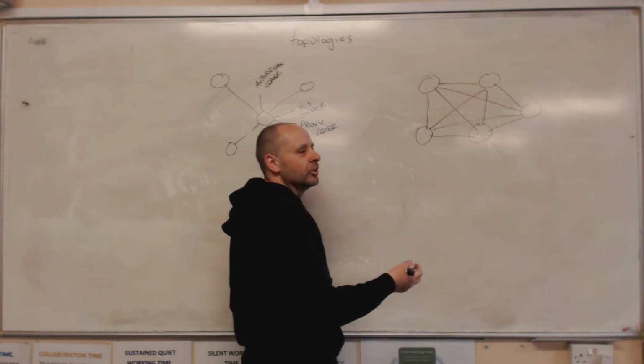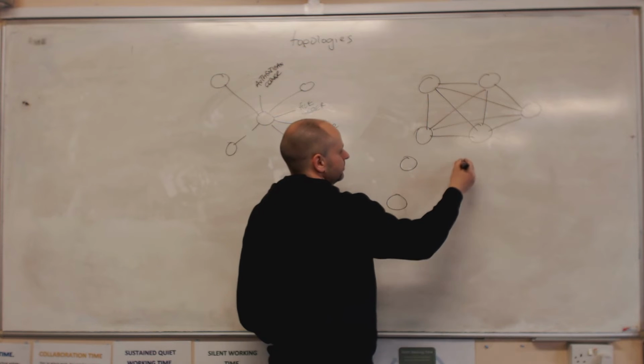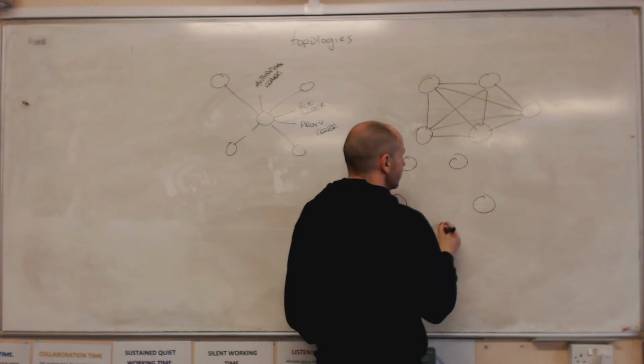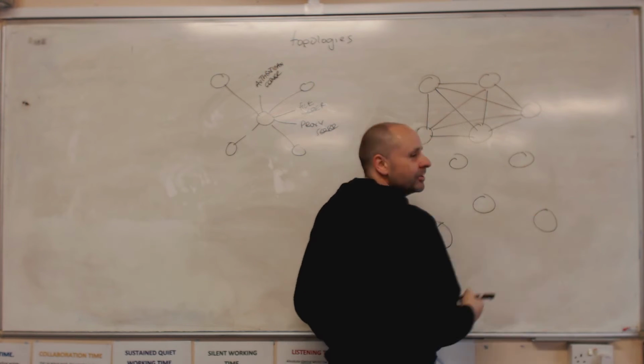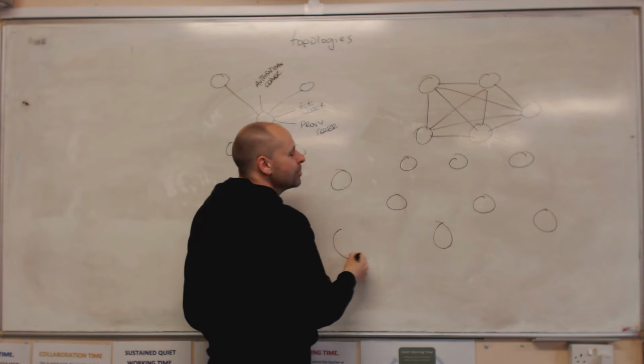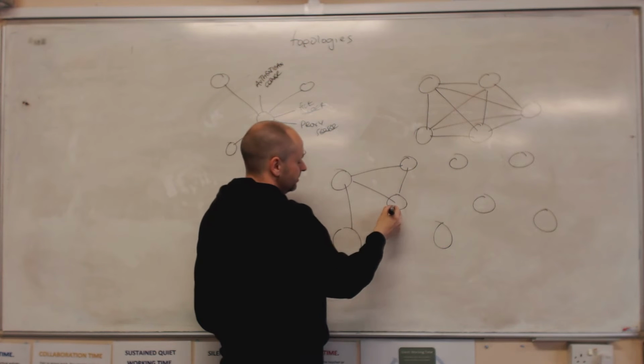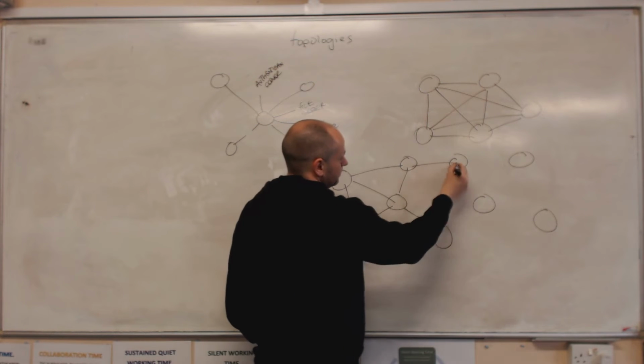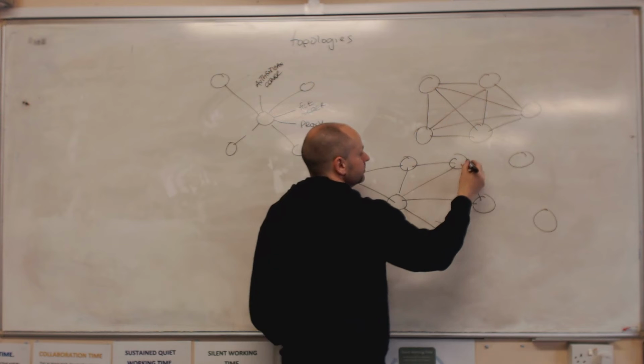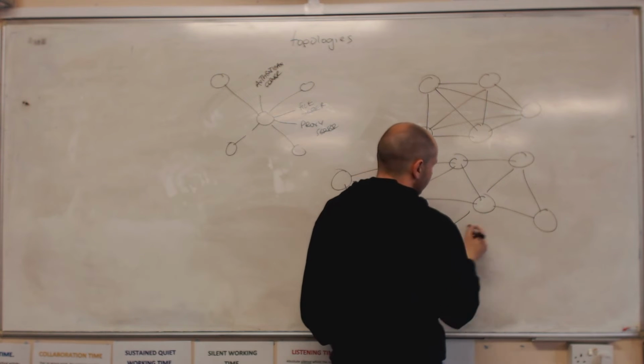So we do partial networks. And this is what the internet is. It's the best example of a mesh network. But it's not a pure mesh, it's a partial mesh, where we just connect to our neighbours. So you have a few different routes.